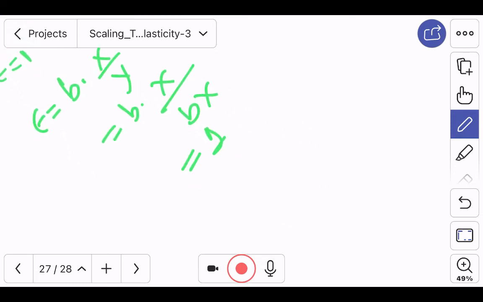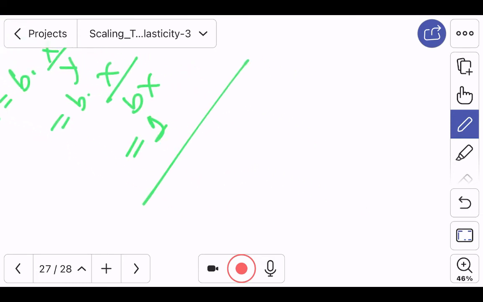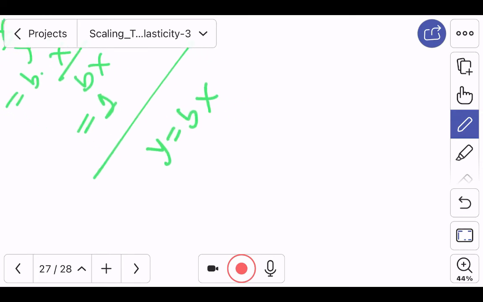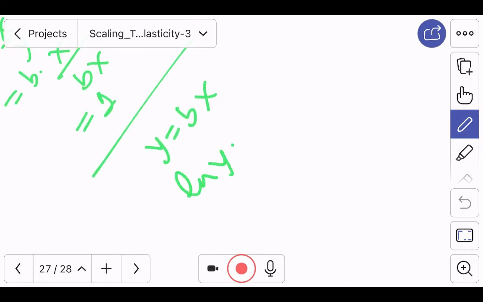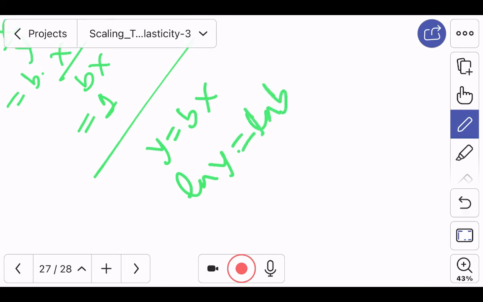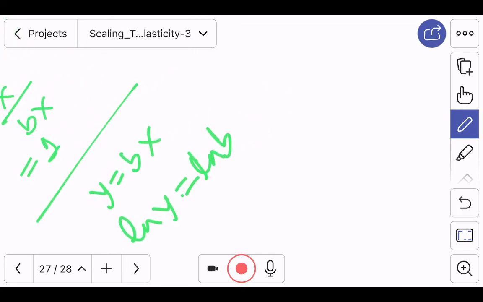Or if you want to try the log version, y equals bx simply means log of y equals log of b plus log of x. We just take log of the number, the coefficient, log of x. So what that means is we have an implicit 1 here.